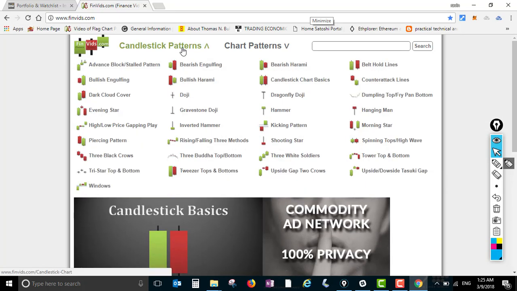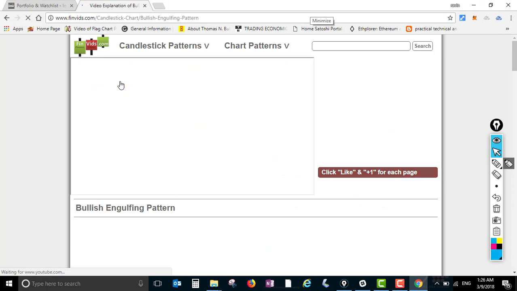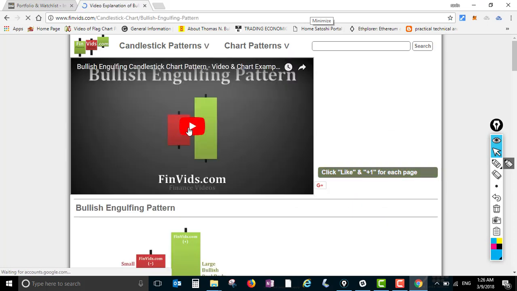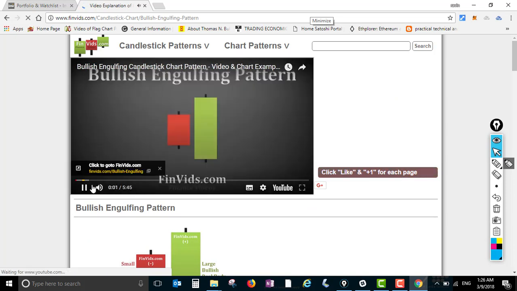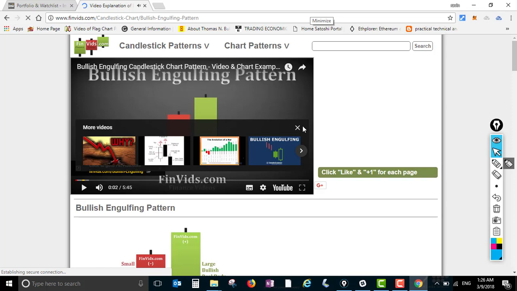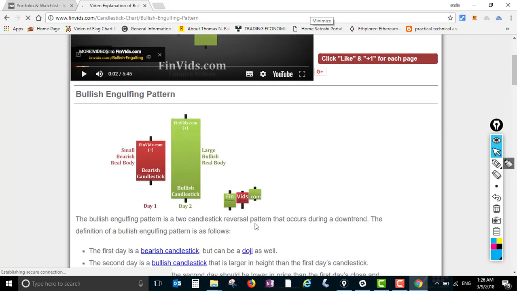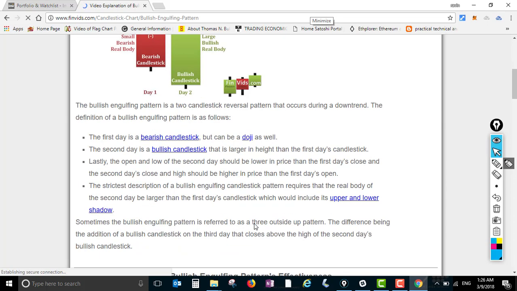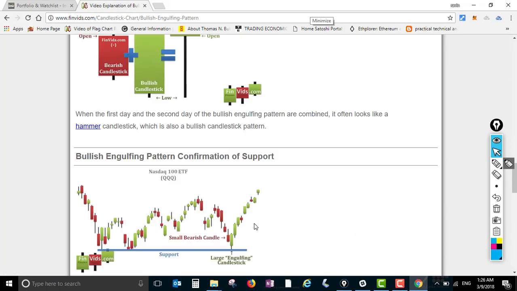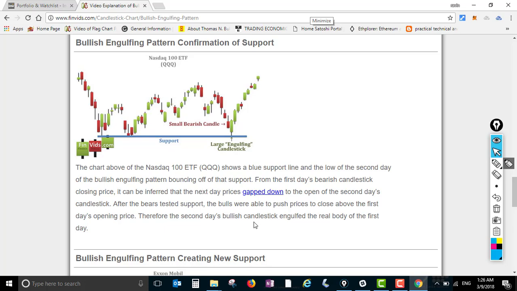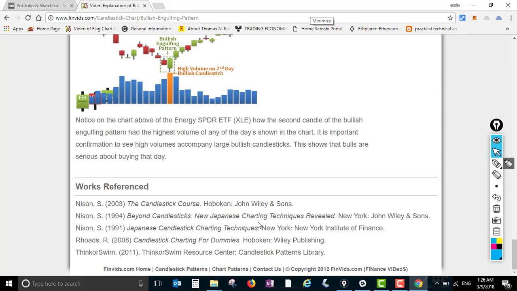For example, if you want to see a particular pattern, say I want to see the bullish engulfing candlestick pattern, it gives you a video introduction and a lot of statistics regarding how it fails, how it succeeds, and what the percentage of success is. Those information are here.